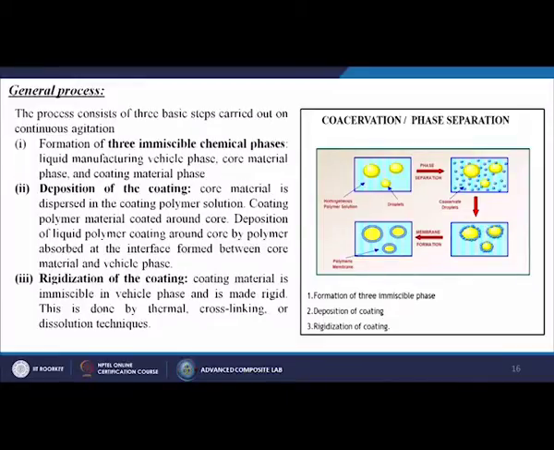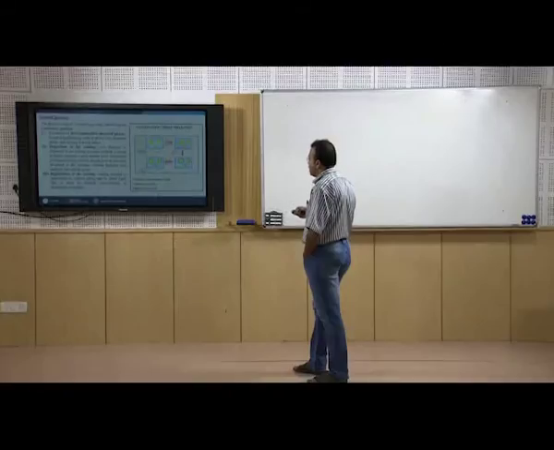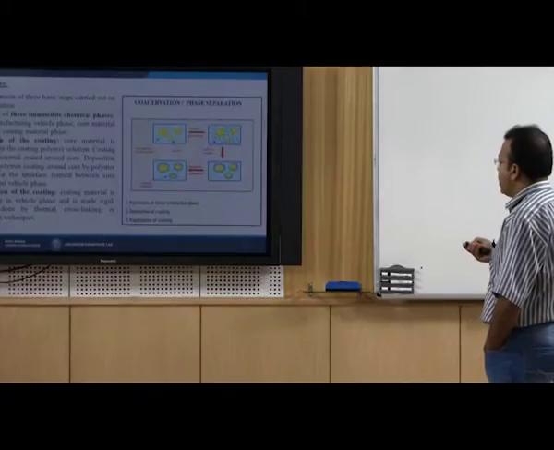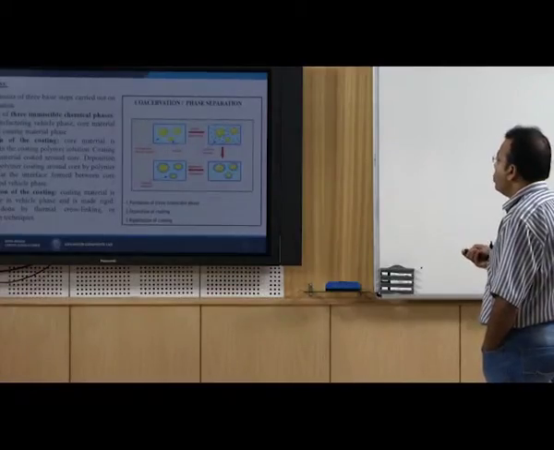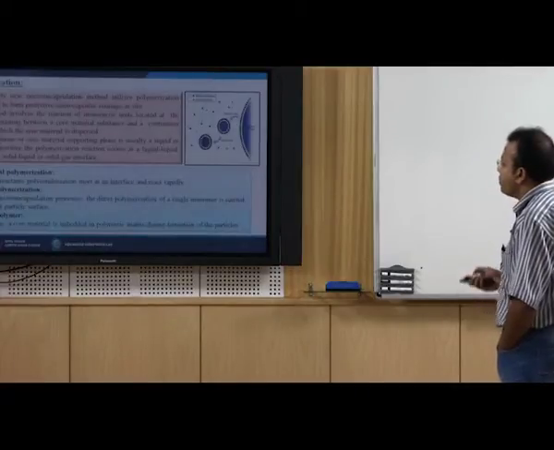Coating polymer material is coated around the core, deposition of liquid polymer coating around the core by polymer adsorbed at the interface formed between core material and the vehicle phase. And then the last one is the rigidization of the coating. Coating material is immiscible in the vehicle phase and is made rigid. This is done by thermal cross linking or dissolution techniques. So, these all are the figures by which we can do this kind of process.